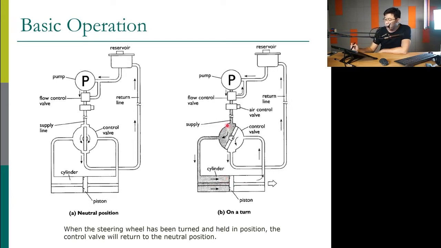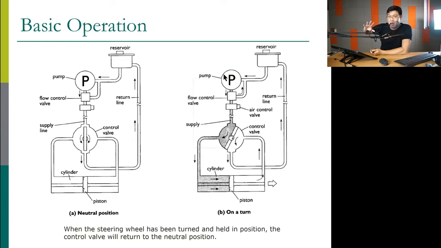The pressure will build up on this side of the control valve. When the pressure builds up, the pump will consume more power, and when the pump consumes more power, the engine power will drop.